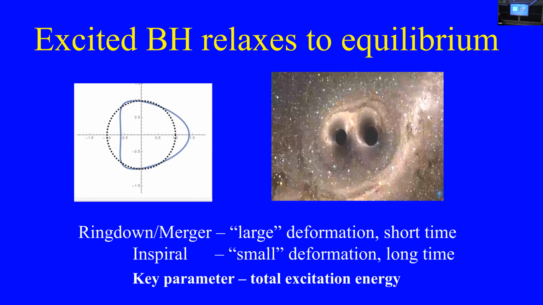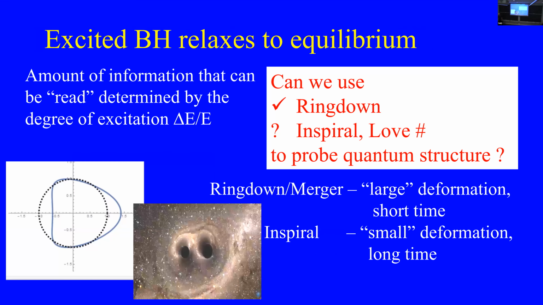Maybe. There's a simulation. This is a simulation of LIGO, and this was supposed to ring around. This is a view of the deformed horizon as it oscillates due to an excitation. This is during the merger.